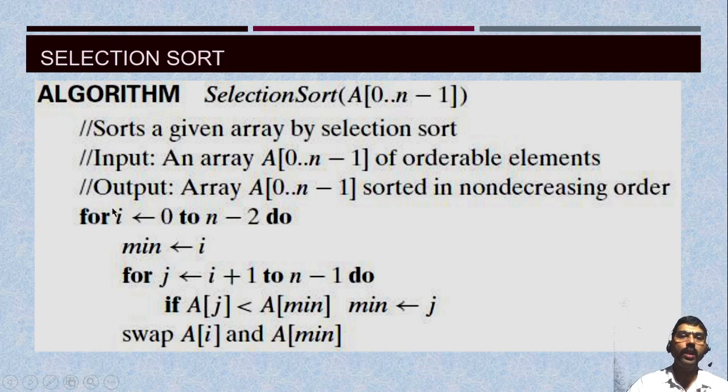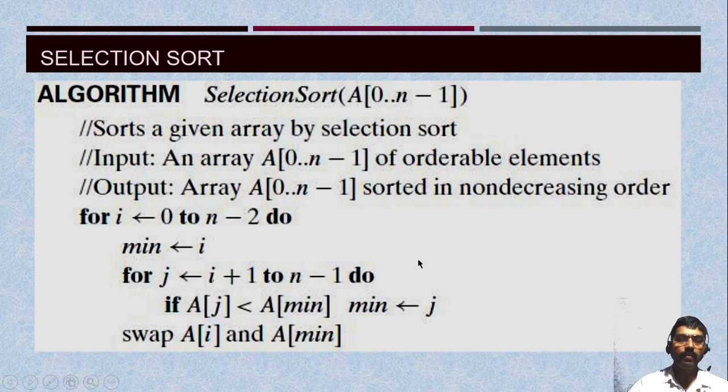This is the logic for sorting the array. I starts from 0 up to n minus 2, that is the last but one element. Initially we consider the first element as the minimum element.